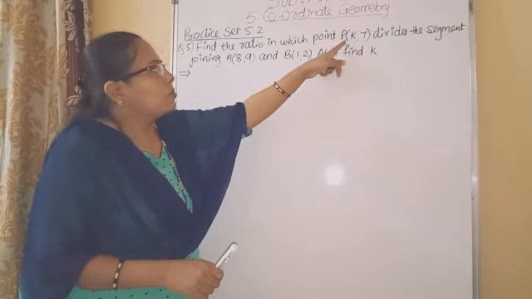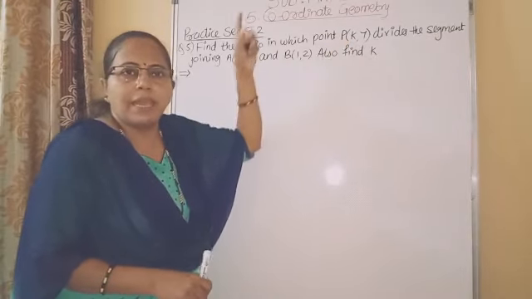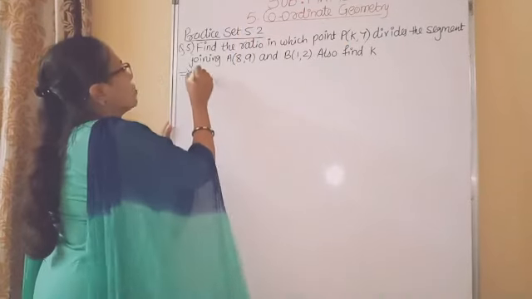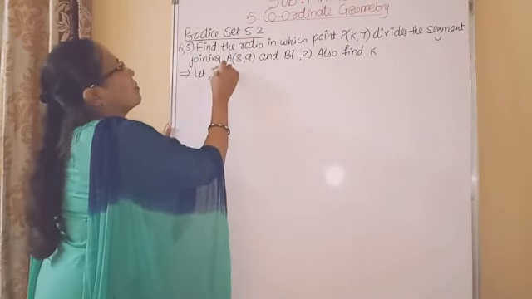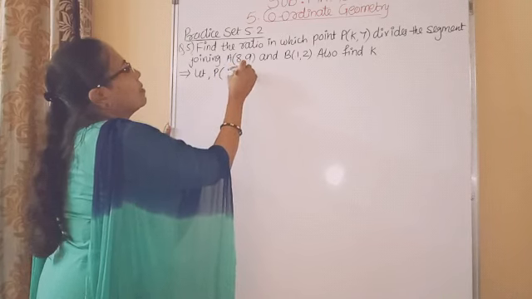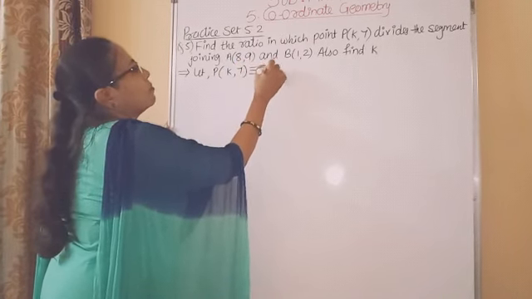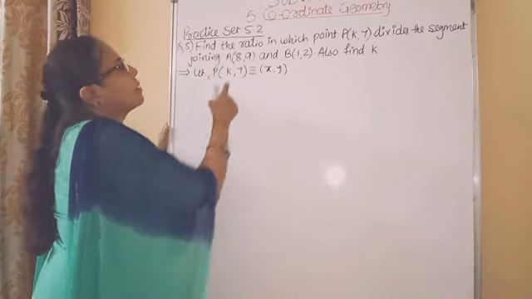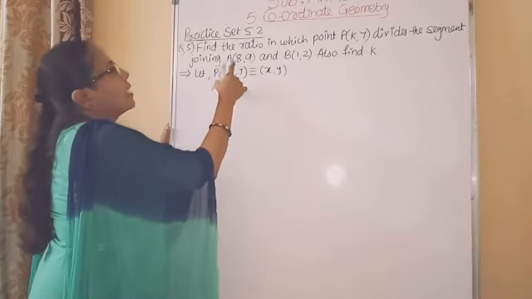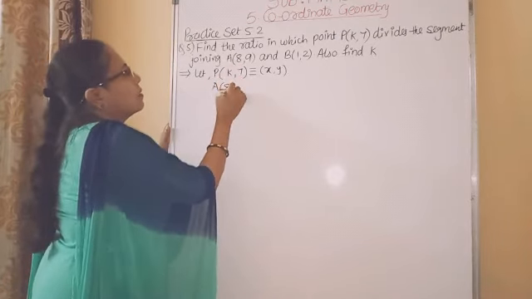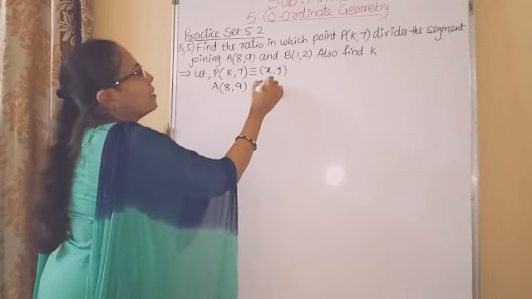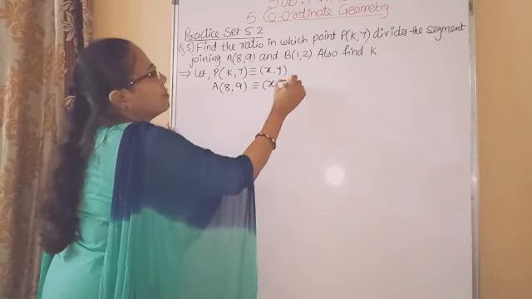Which point divides the segment? P. So its coordinates we will assume x, y. So let P(k, 7), these coordinates we assume x, y. Coordinates of point A are given, 8, 9. So these coordinates we assume x1, y1.